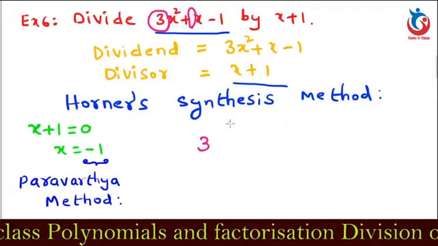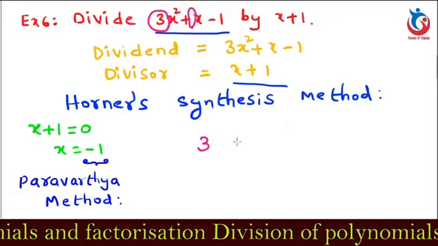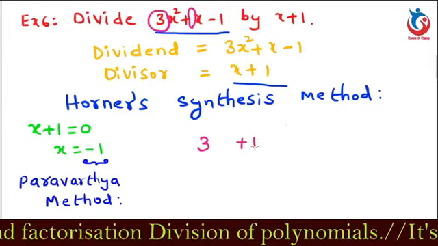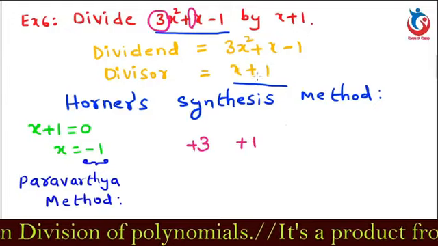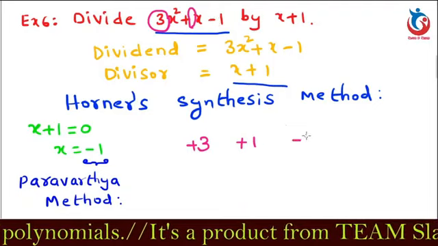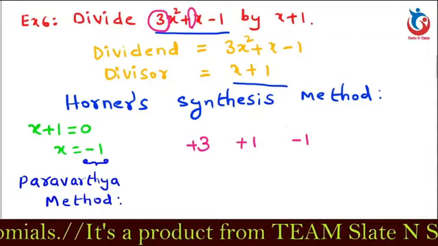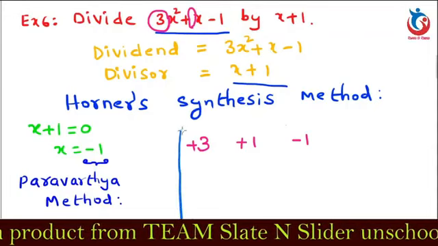Its coefficient is 1. So just leave some space and write it with the sign itself. We should write plus 1. For the first number I am not writing the sign, but it is good to write. And then after that we have the constant minus 1, and we should keep the lines like this.